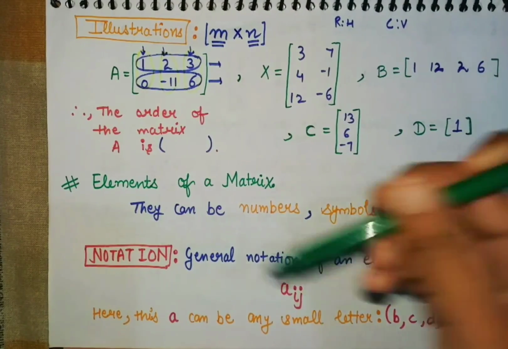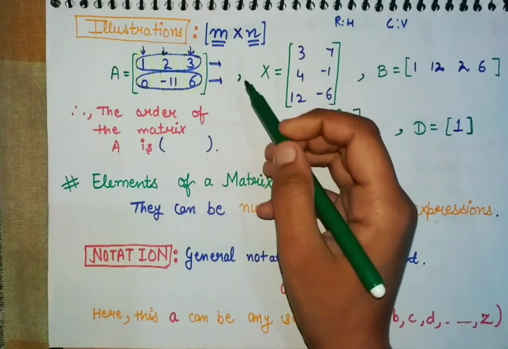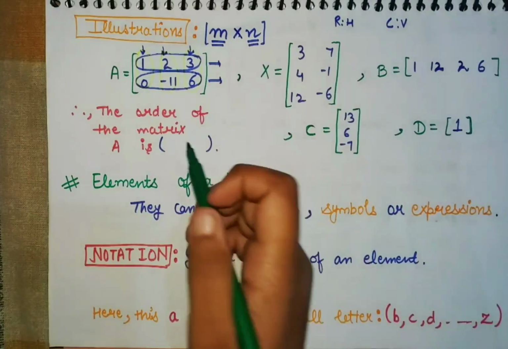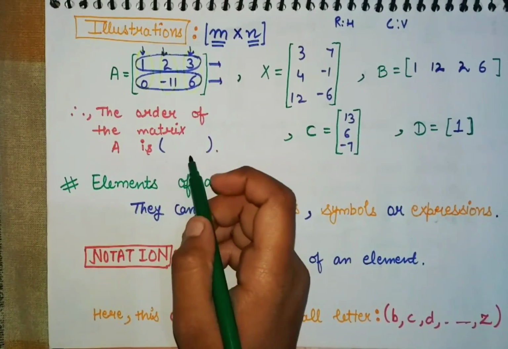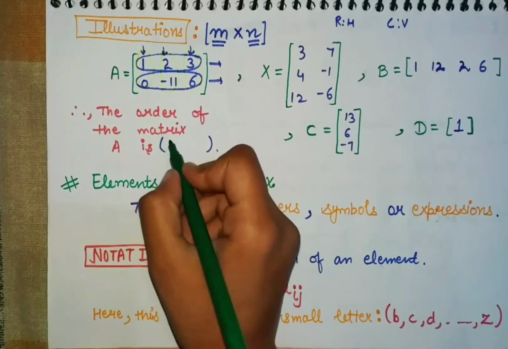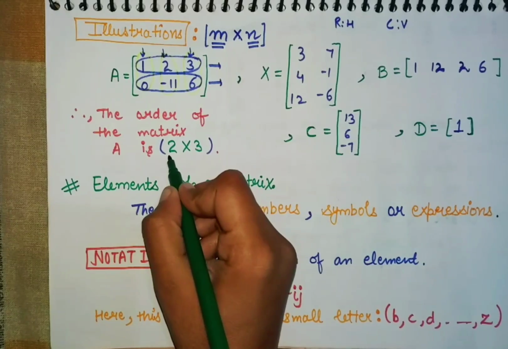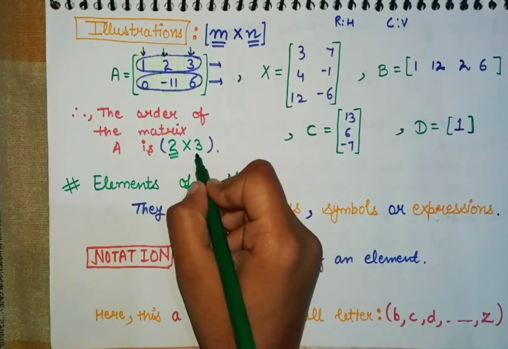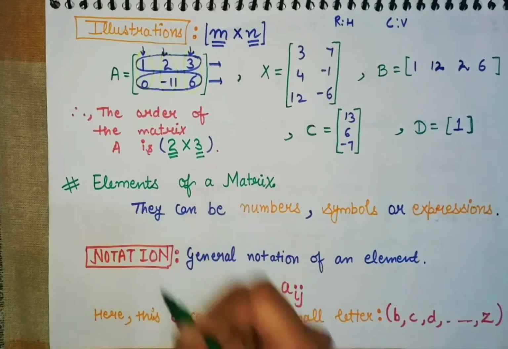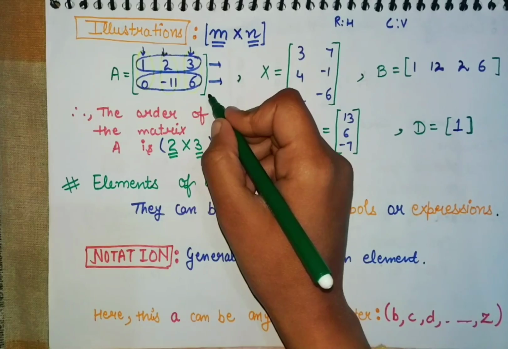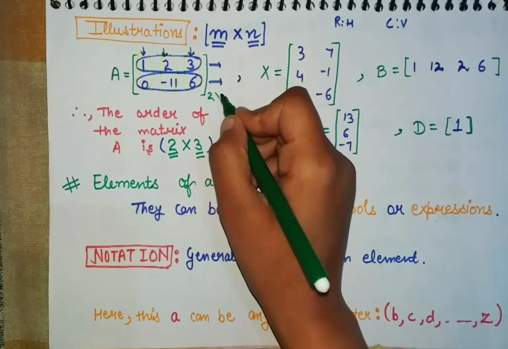Now again, M cross N: we have two rows and three columns. So we can write its order as 2 cross 3, as it has two rows and three columns. Therefore, the order of the matrix A is 2 cross 3.